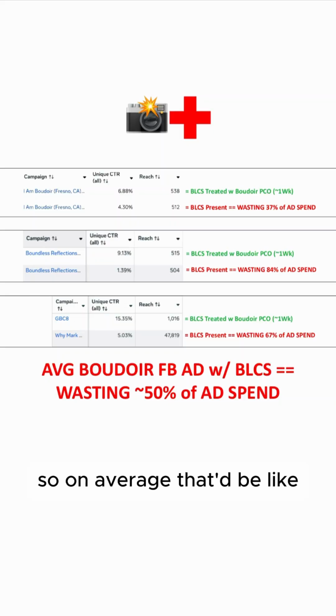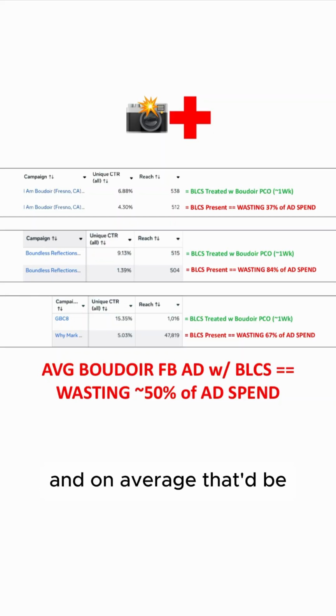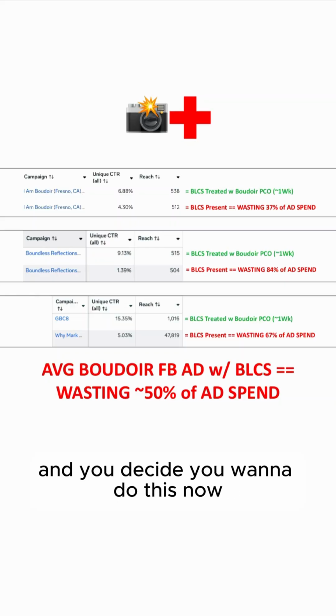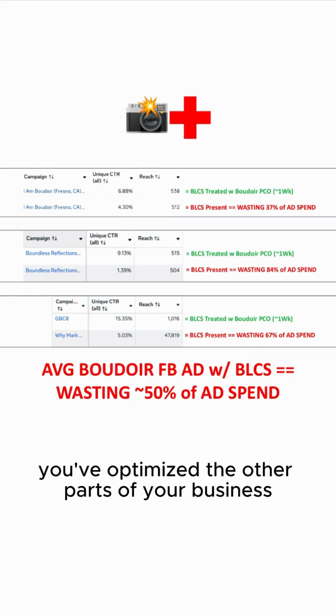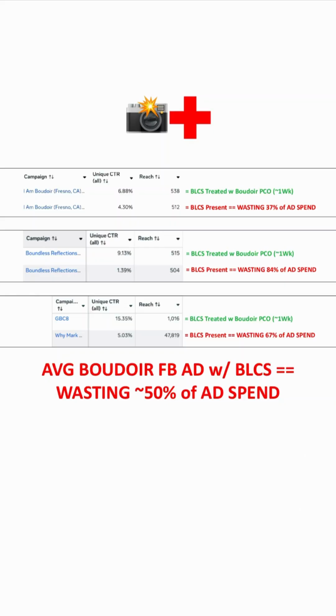So on average, that'd be like $5K a month in eliminated ad spend back in your pocket, and on average that'd be 60 grand in the next 12 months. And you decide you want to do this now because you've optimized the other parts of your business and you want to pull some more profit out now, then shoot me a DM when my DMs are open for new patient intake.